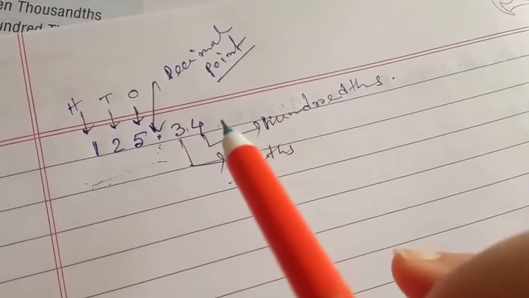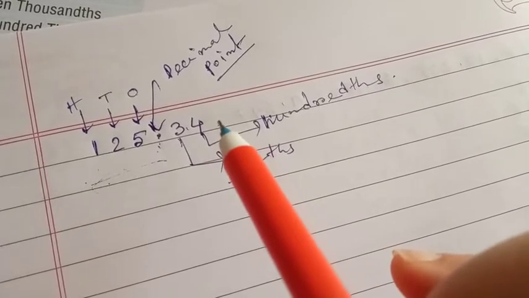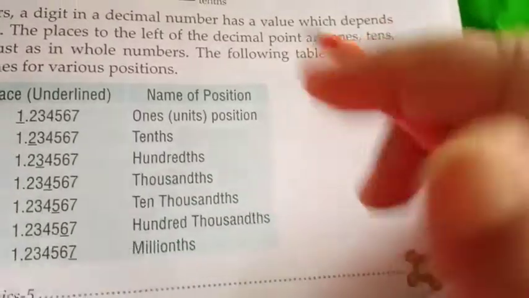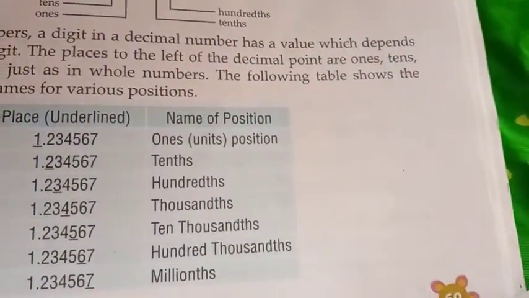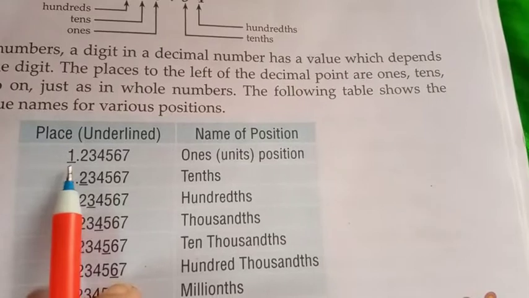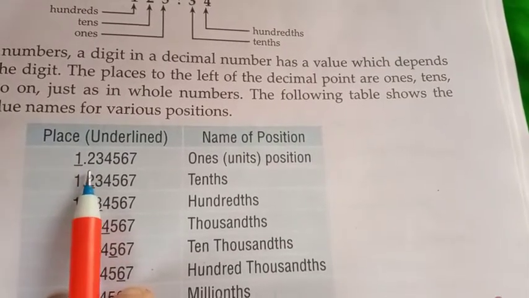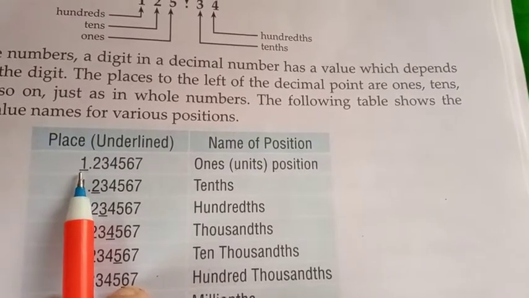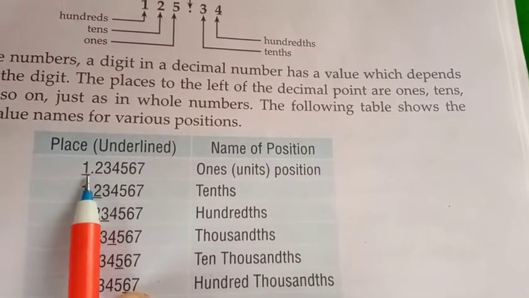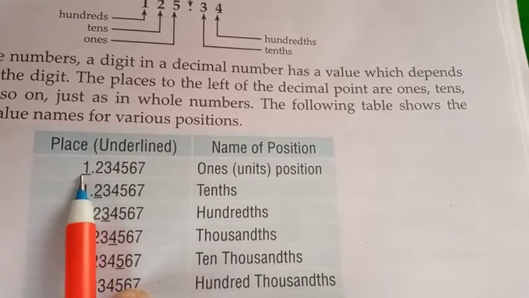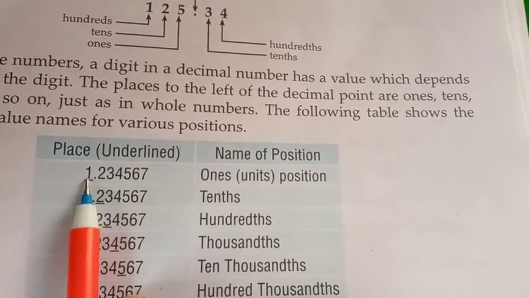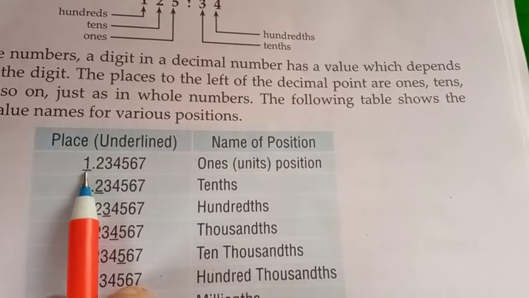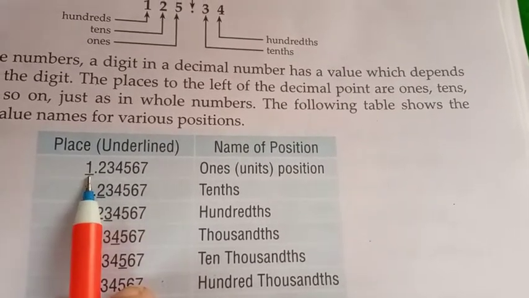The following table shows the decimal place value names for various positions. So you see here this number, 1.23456, and you only have to write down the position of the underlined digit. The underline is under that one. So what position is this one?